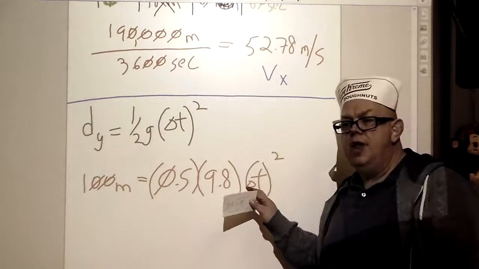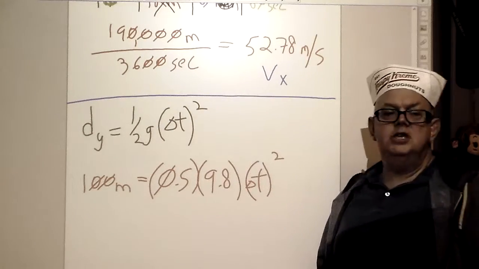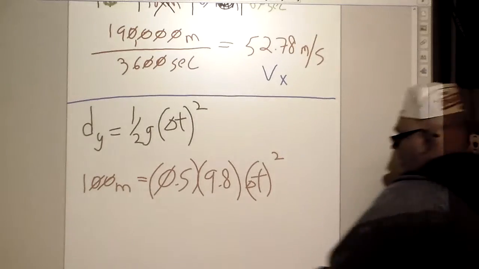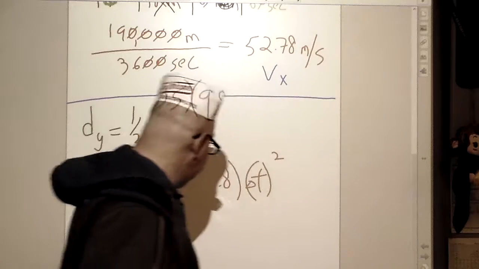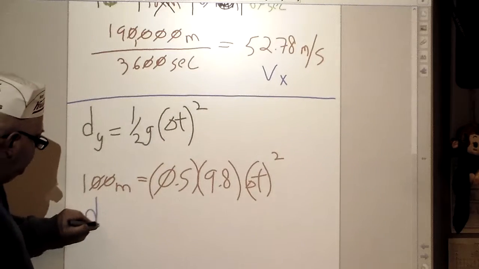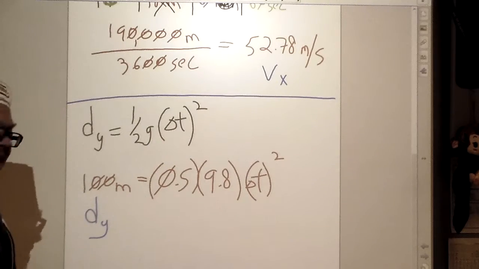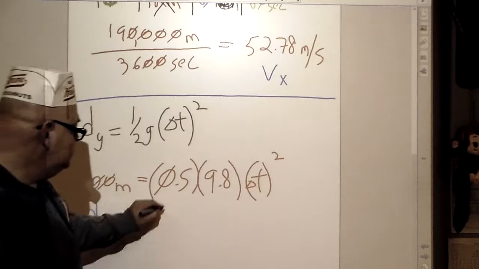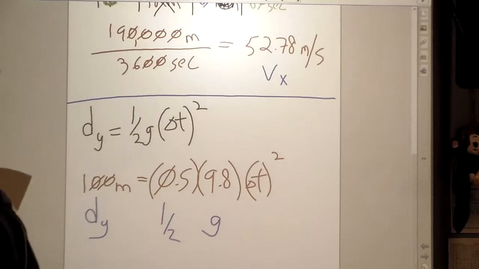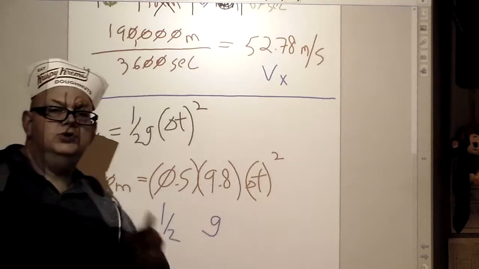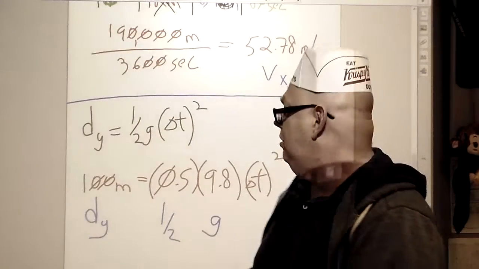Now if you want to substitute x in there, you could. That's up to you. Wait, Canu, where did you get the numbers? All right, let's fit this in. This is our dy. This is what they gave us. This is our 1/2. This is our acceleration due to gravity. So now you know where those numbers are coming from.